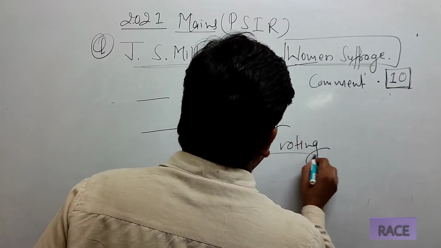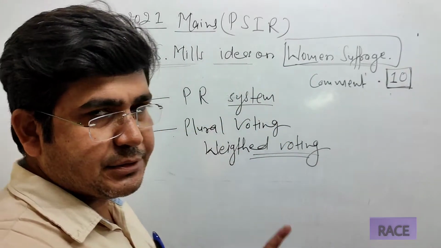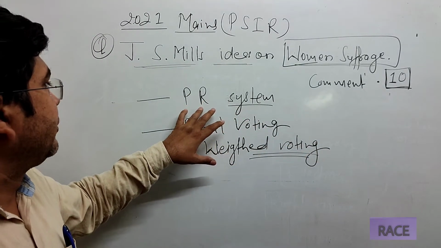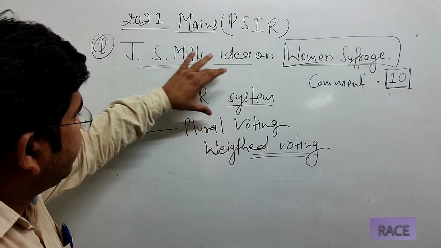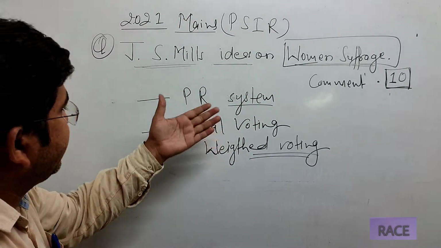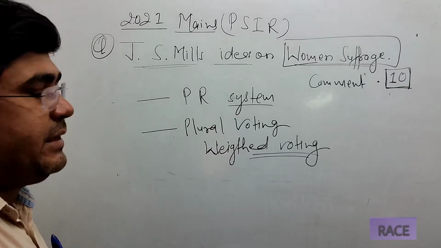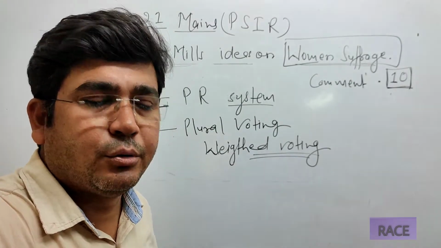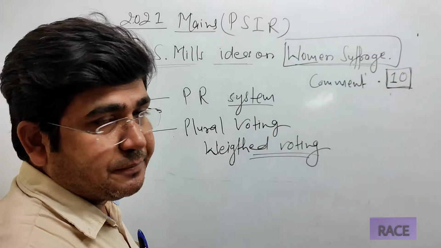So what does it mean? It means that it should not be only the person who gets the highest number of votes who is elected; rather it should be based on the percentage, the parties. We'll not go into the detail, but we should remember while writing the answer that J.S. Mill supported plural voting. He said that the vote cast by a lawyer, a professor, or an intellectual should carry more weightage than that of a normal person.